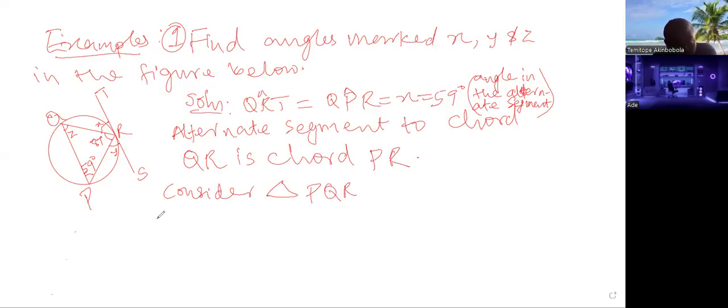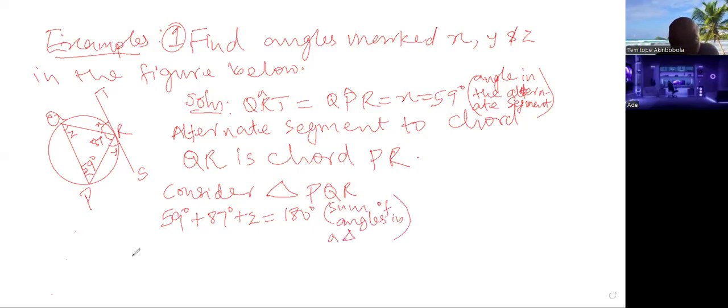So if you consider triangle PQR, I can say that 59 degrees plus 87 degrees plus Z equals 180. What is the rule that was used there? Sum of angles in a triangle.